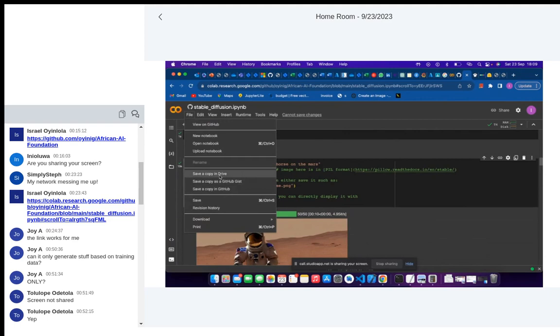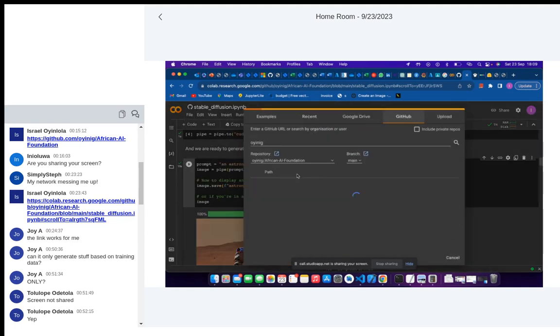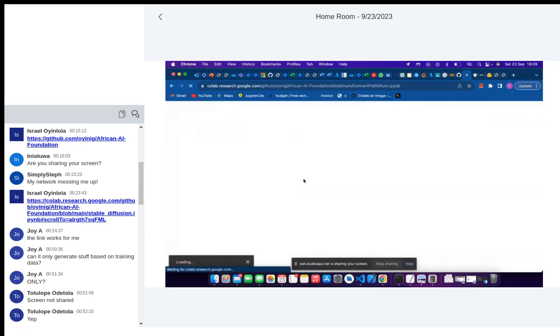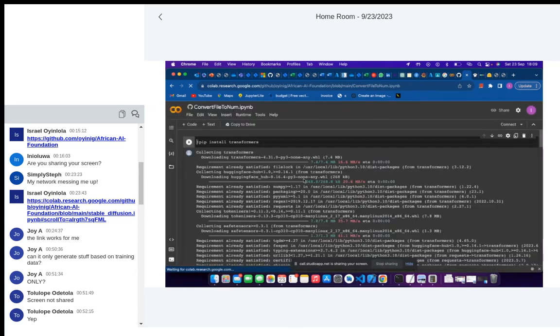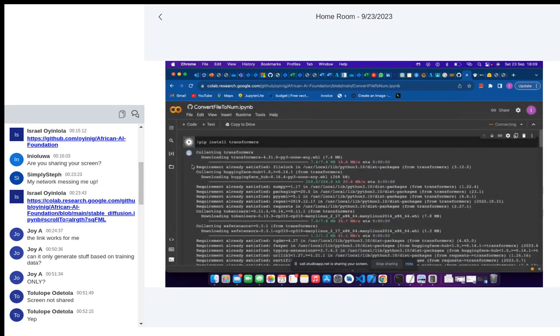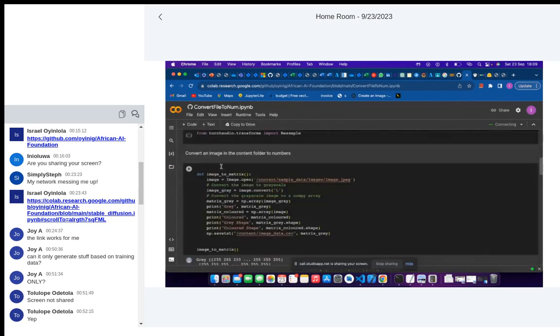So I will change my Google Drive, Google Colab, to something here, say convert file to number. I will upload a few files to this Colab right here. I think I have some of them here already, by the way.